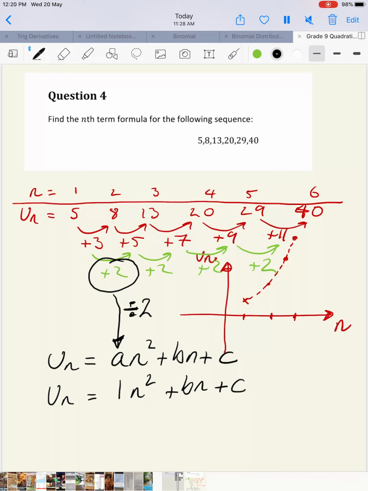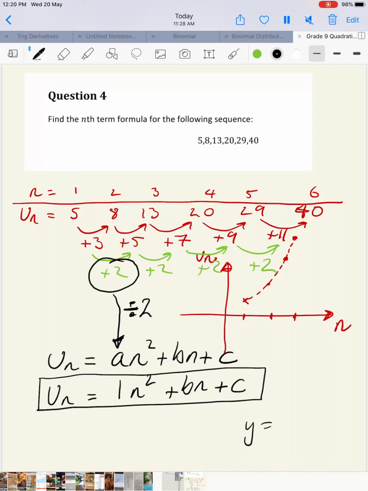So now we know our model is a little bit more refined. U of n equals 1n squared plus bn plus c. Okay, so all we have to do now is just find the values of b and c. All right. So remember when we went back to linear equations and we had y equals maybe 3x plus c. 3 was the gradient, and you had to find c.